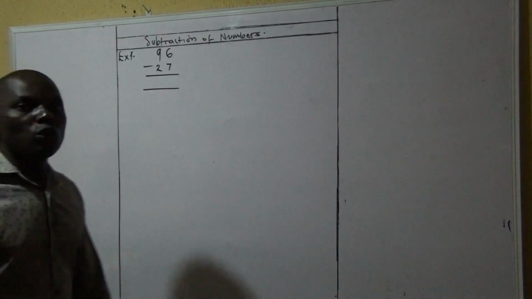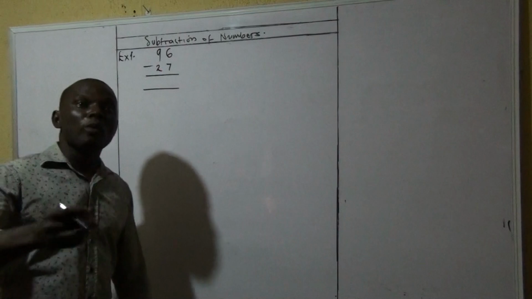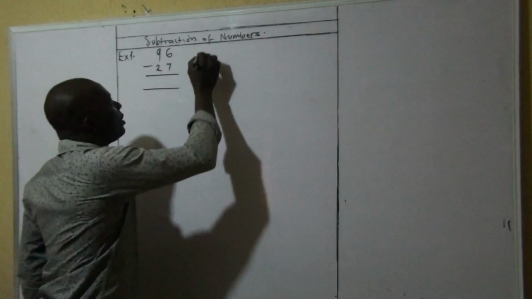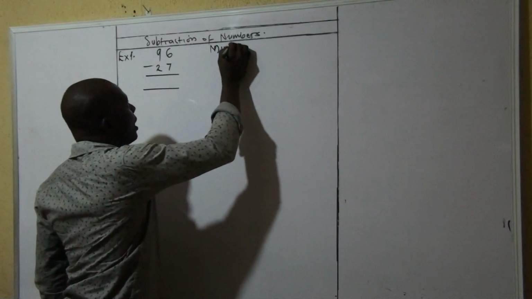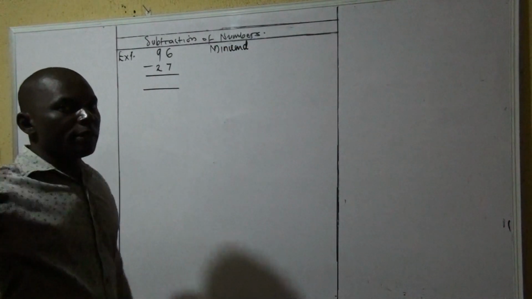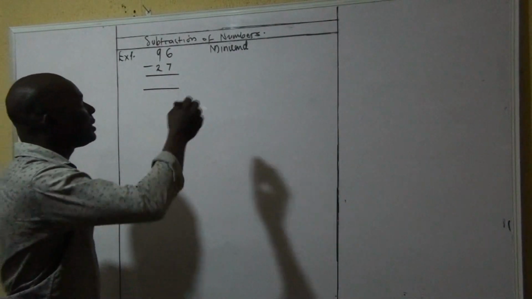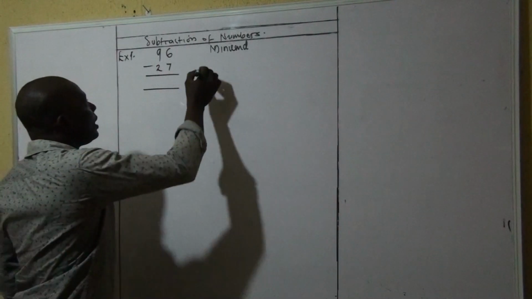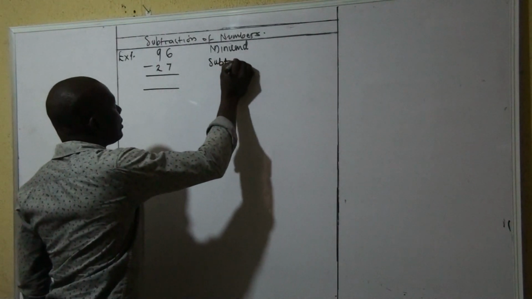So first thing you need to do, if you are given questions on subtraction, you must know your minuend. Like I said, the minuend is that number that is being subtracted from, the one you are subtracting from. And the number that is subtracted is called the subtrahend.